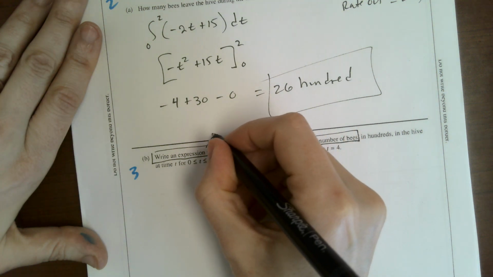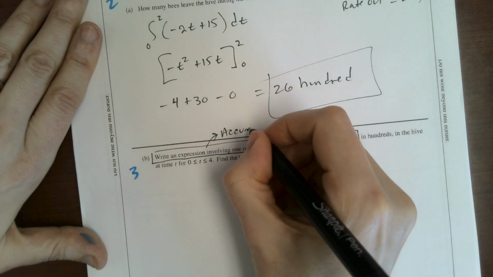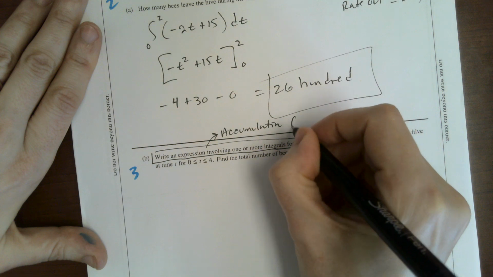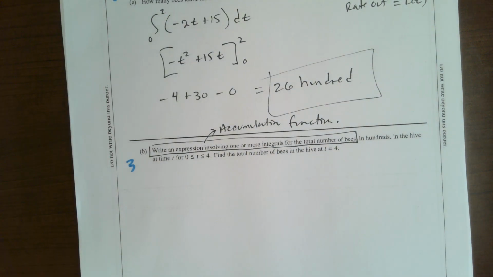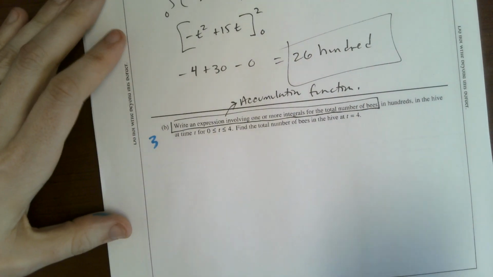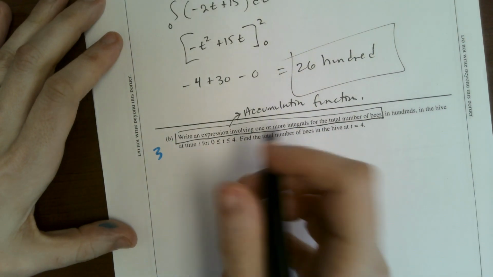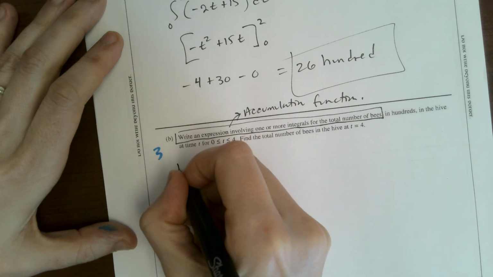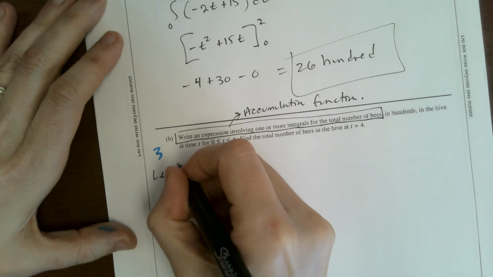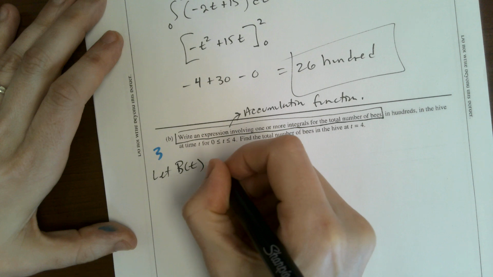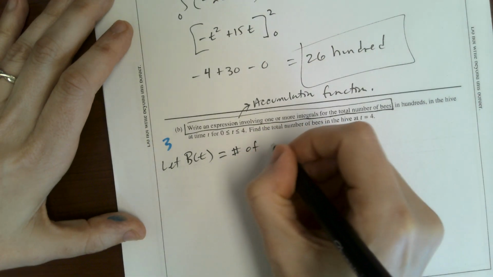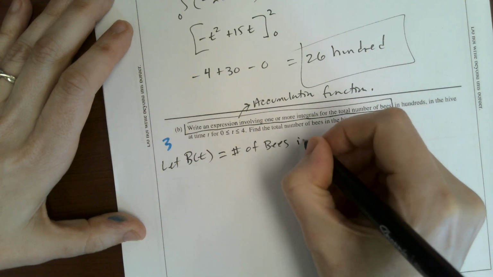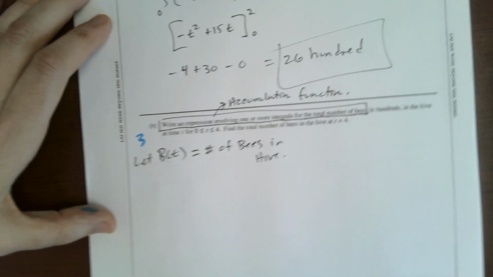We will need an accumulation function. Okay. So guys, let me first define the function for the amount of bees. Let B of t equal the number of bees in the hive.